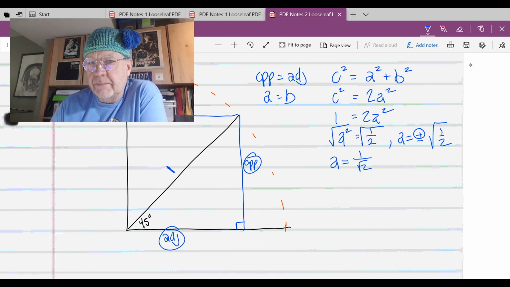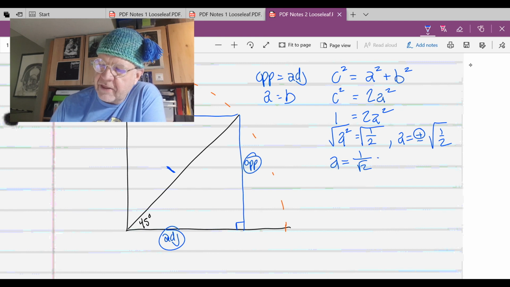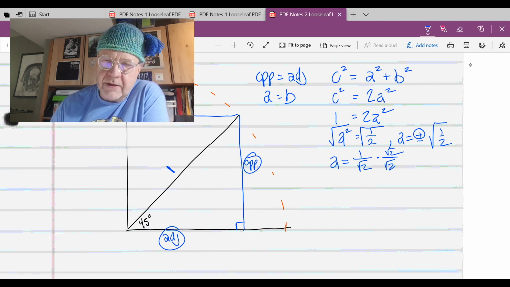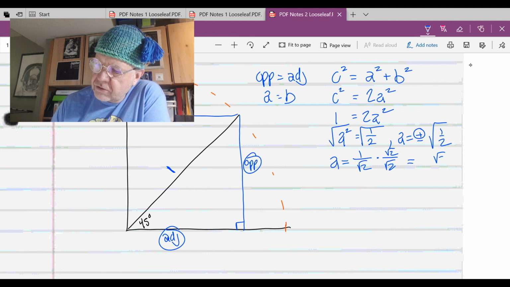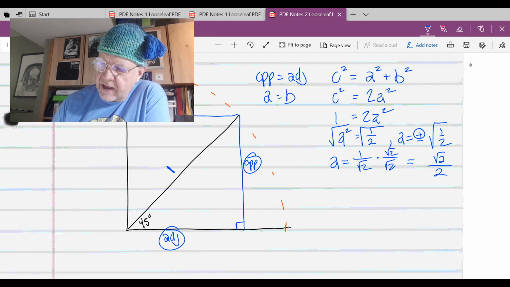This is how I learned it back in high school, back in Ontario. But out here, we like you to get rid of the radical in the denominator. So we're going to rationalize the denominator by multiplying everything by root 2 over root 2, which is really 1 in disguise. And so we're going to get root 2 over 2, 1/2 root 2, as being the value for a.